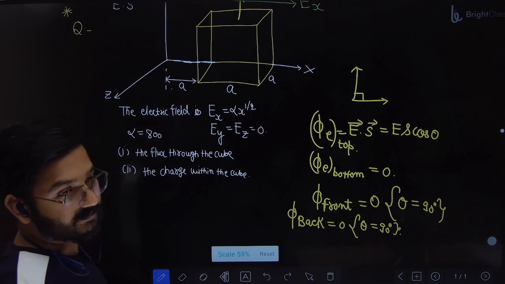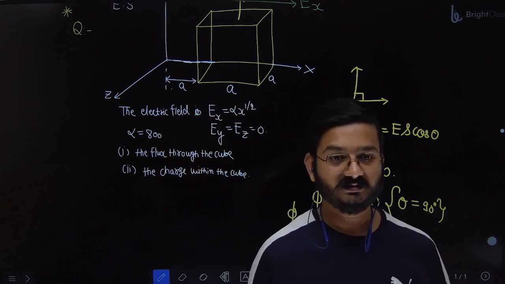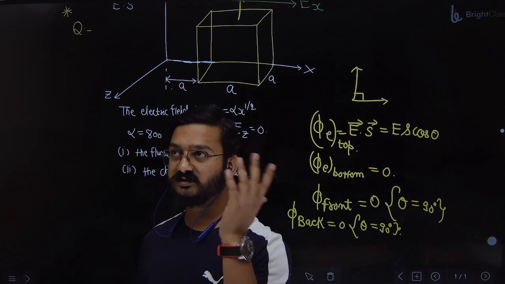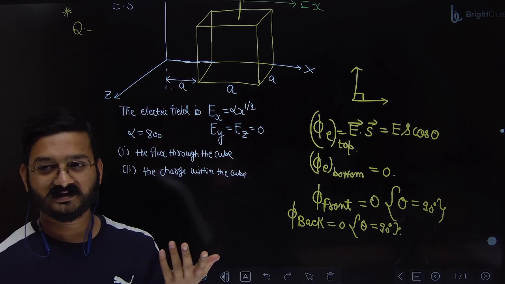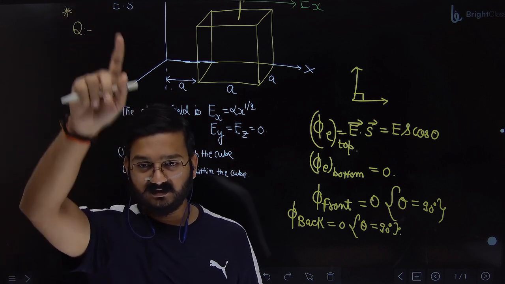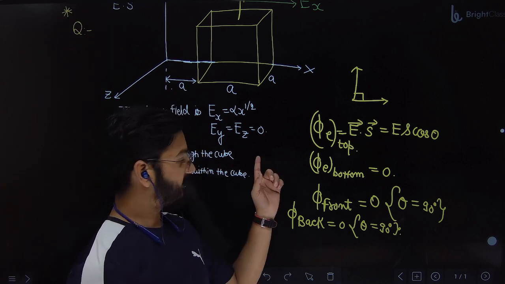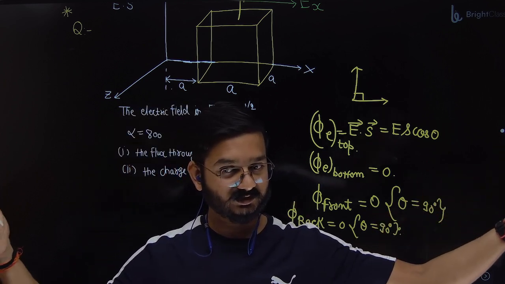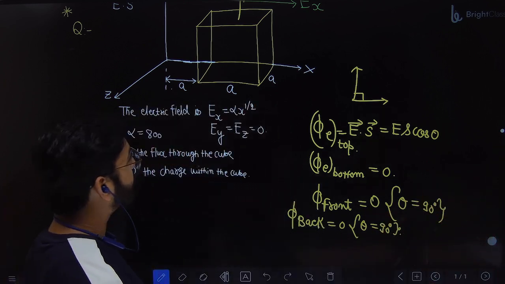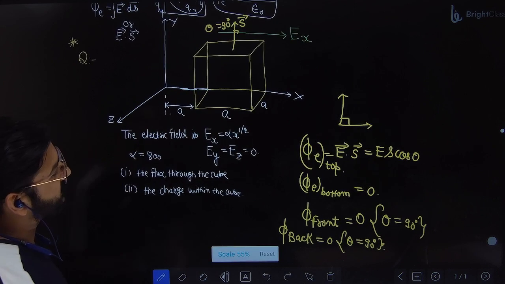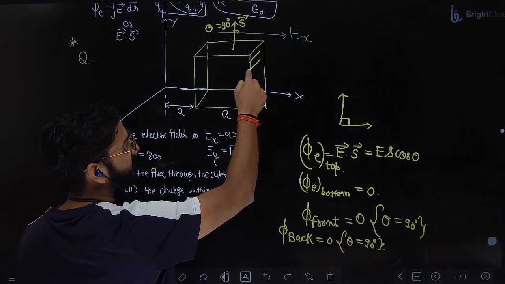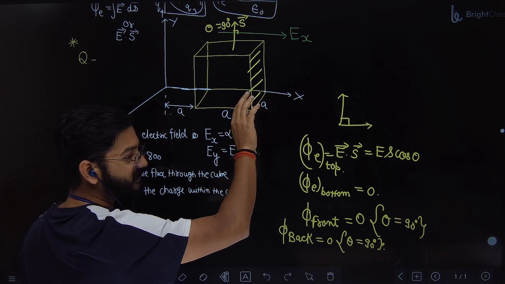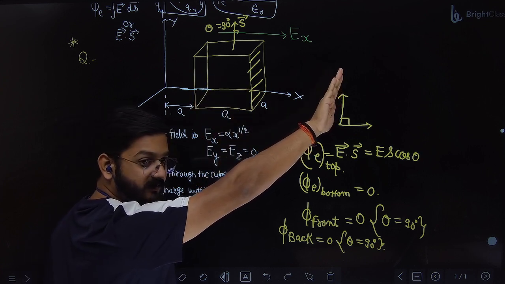So which two surfaces are remaining? Sideways. You can imagine this room only. We discussed ceiling, floor, front, back. Which walls are remaining? Sideways. These two. So sideways walls are remaining. For this side, area vector is outward and perpendicular.